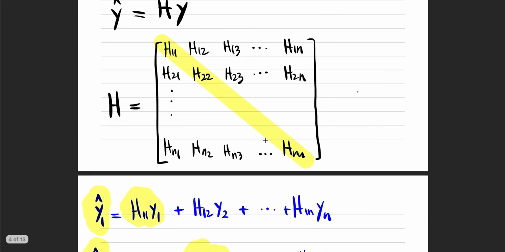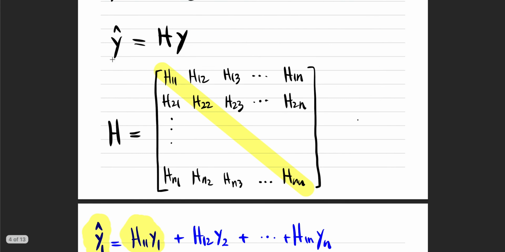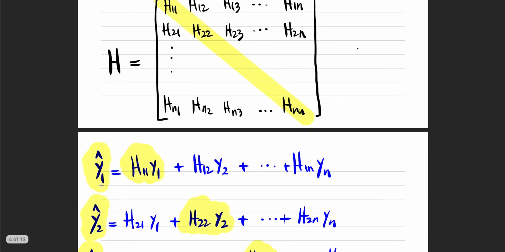Why the diagonals? Well, it all comes from this equation. Y hat is H Y, meaning that Y hat 1 is H11 Y1 plus H12 Y2, and so on to H1n Yn. So the prediction at the first data point is impacted by the observation at the first data point as much as H11 is large.